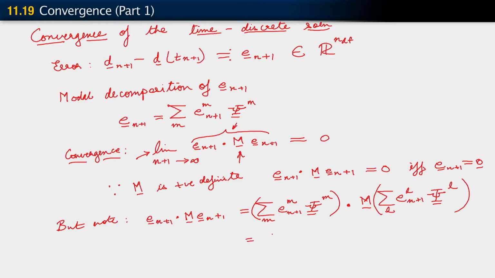This is equal to the sum over m and L of E_m^{n+1} times the quantity psi_m dot M psi_L, and for no particular reason I'm going to put parentheses around that, and here I have E_L^{n+1}.